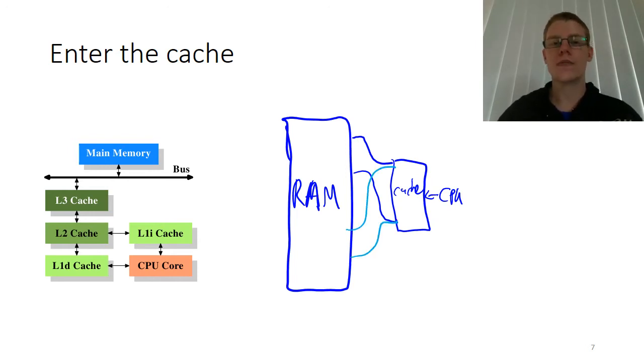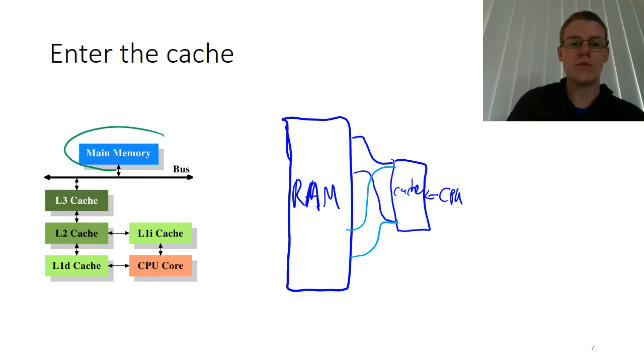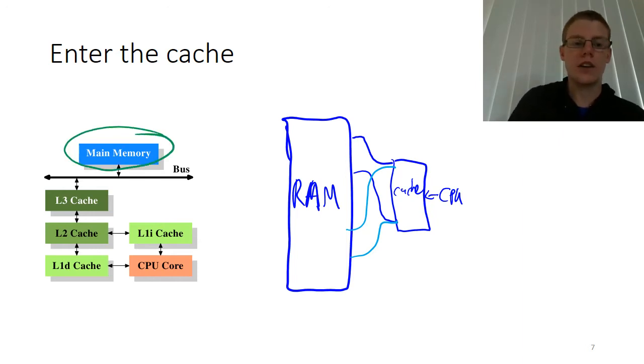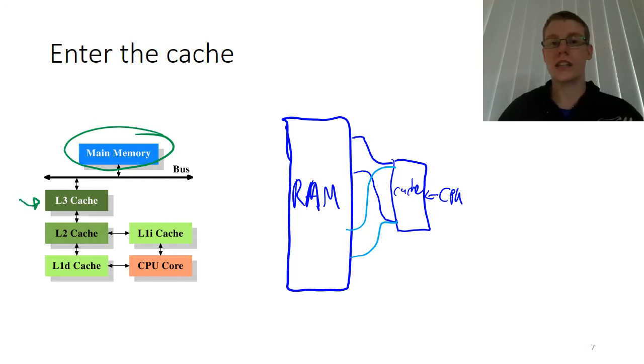Now, what I've got here on the left is a particular example of a slightly more complicated cache that is nonetheless fairly common in CPU architectures. The idea here is that we have a main memory module, which will be a slower DRAM. Then we have 3 levels of cache. A level 3 cache, which is the largest cache.